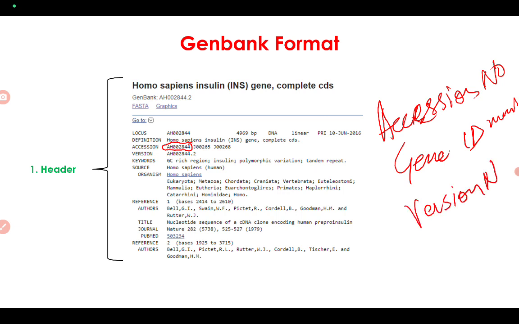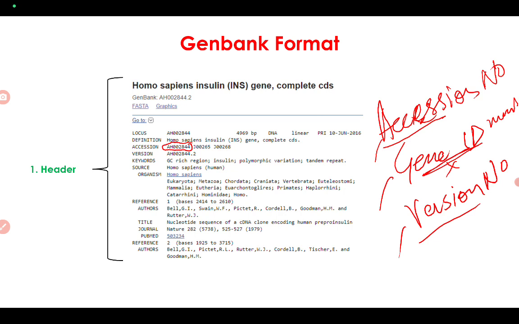There is a difference between these three. The NCBI has recently opted out of this GI number, and currently accession number and version number are there. But sometimes in the older sequences you will see the GI number also.